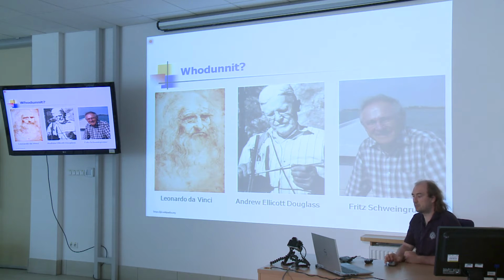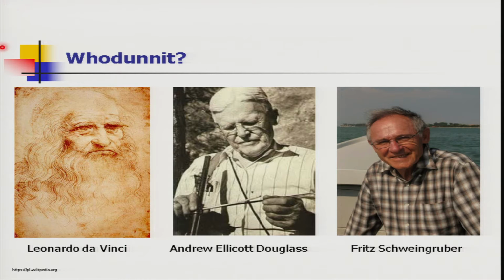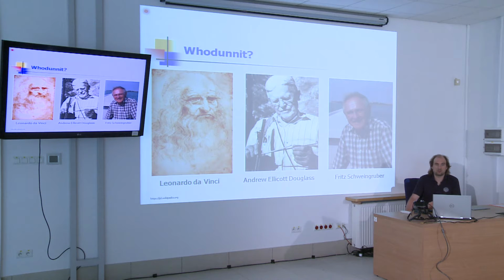The third guy you see on the right, Fritz Schweingruber, was a Swiss scientist. He expanded what Douglass invented to new fields. He introduced shrubs and herbs as a source of dendroecology information.